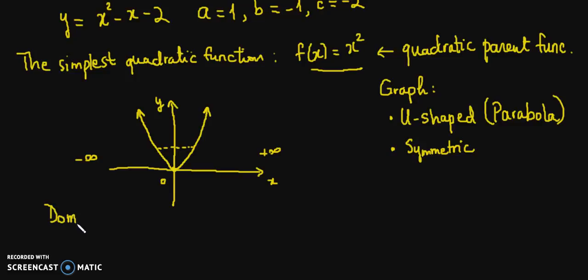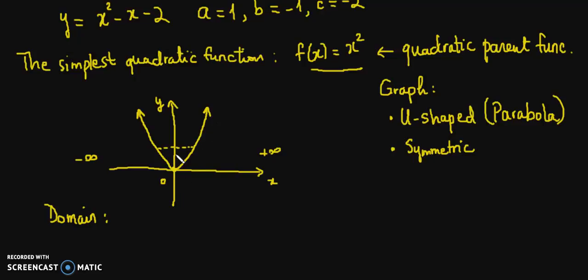What it means is that actually we talk about the domain of the function. The domain of the function is all values of x, so no matter how x approaches from negative infinity to positive infinity, we have a value of y.